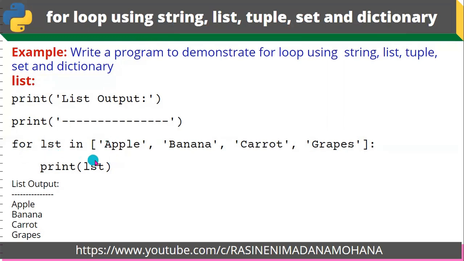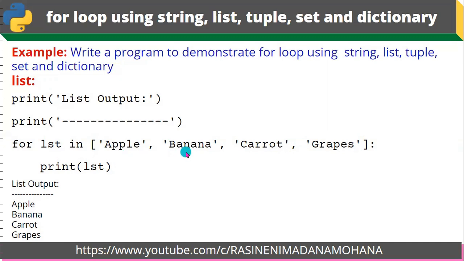In the list, within square brackets, we have taken some strings, each string separated with a comma. For example, apple, banana, carrot, grapes. Now here it reads string wise, not character wise. Value wise it reads. So the first value within the quotations is apple. That is I equal to 1.